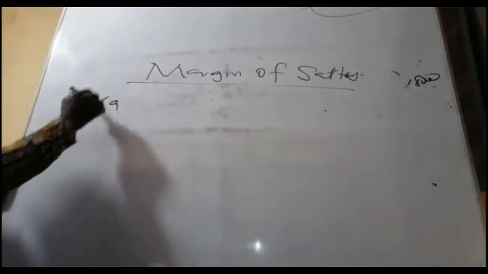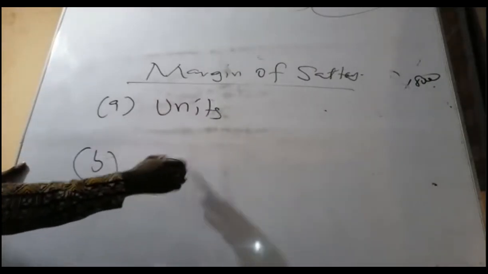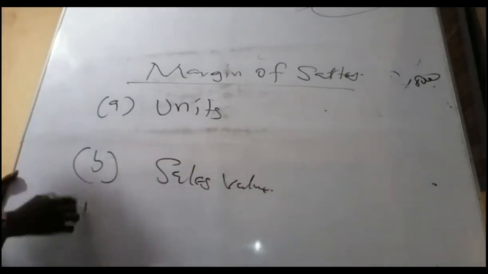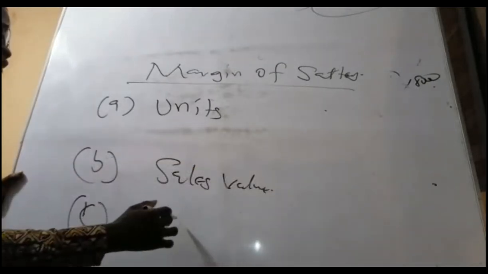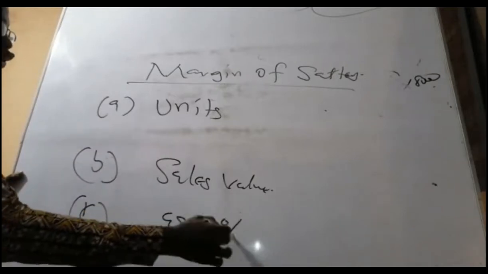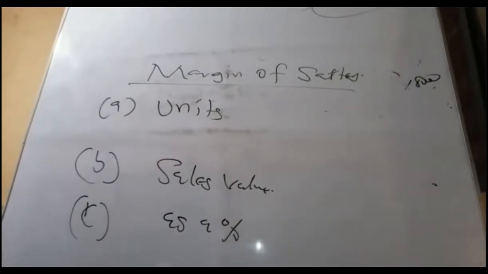You can write margin of safety in 3 forms. Number 1, in terms of units. Number 2, in terms of sales value. Number 3, as a percentage. Each of them has its own formula. As a percentage, no shortcut.